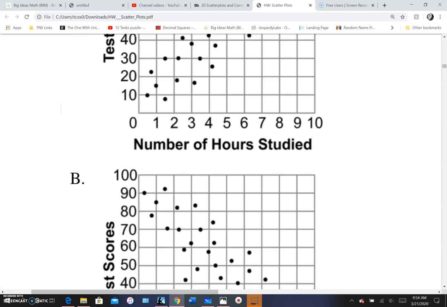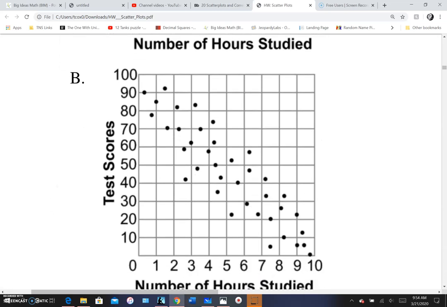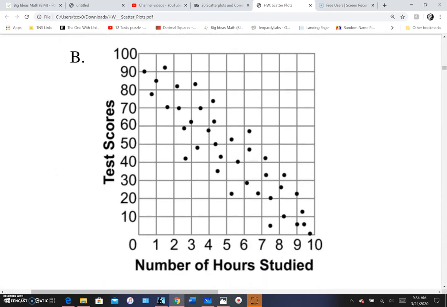If we're looking at this scatter plot, we have the same variables, the number of hours studied versus test scores again, but in this instance, it is a negative correlation. It is negative in that the fewer hours you study, the higher your test score.